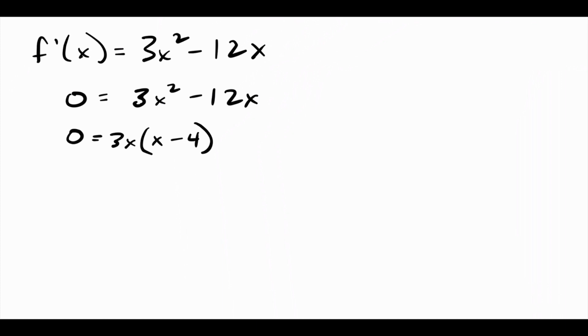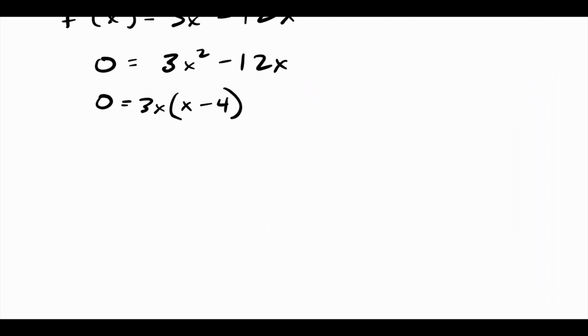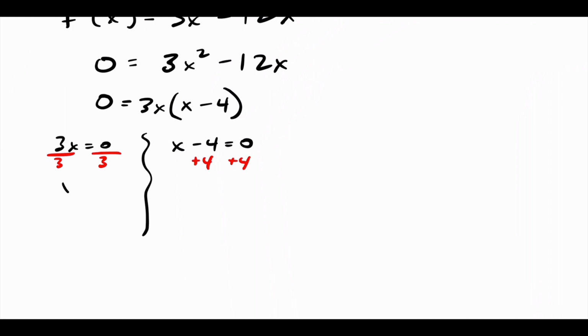The zero product property says set them both equal to 0. 3x equals 0, x minus 4 equals 0. Solve for x. I'm going to get two answers. x equals 0 and x equals positive 4.